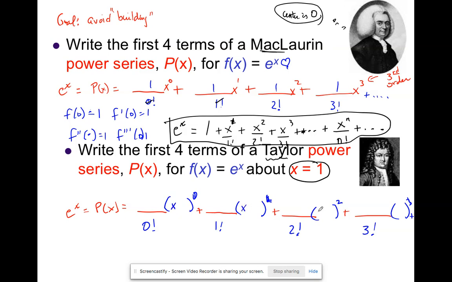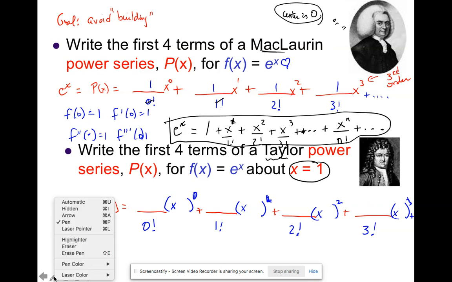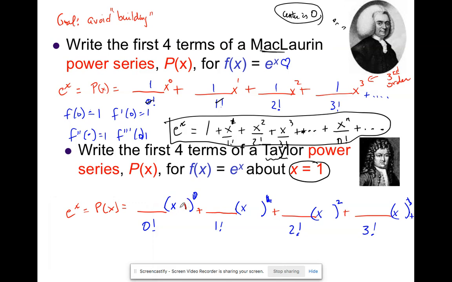Shift it 1 to the right. That's where my center goes.